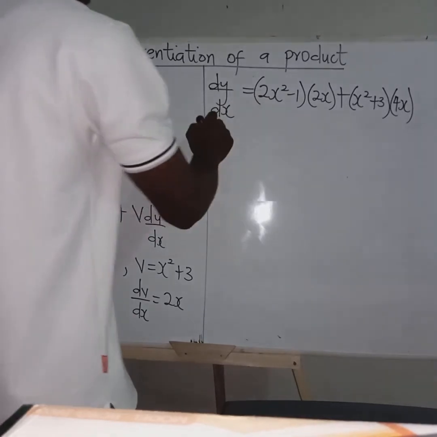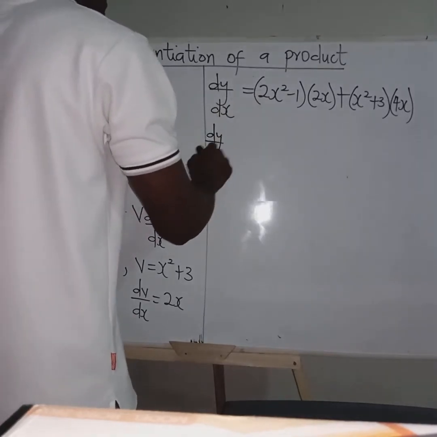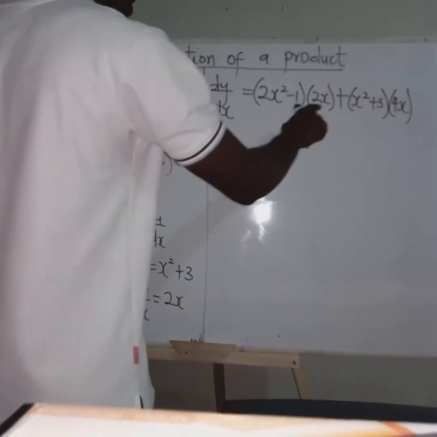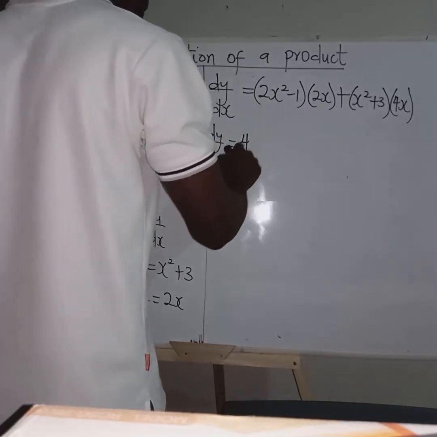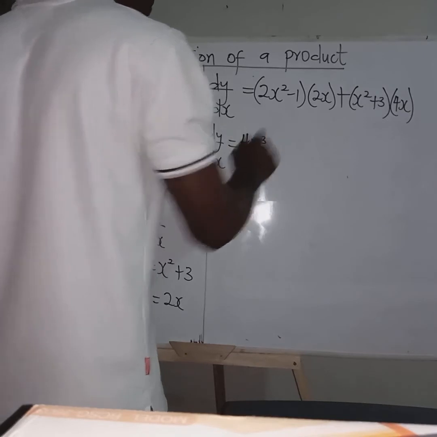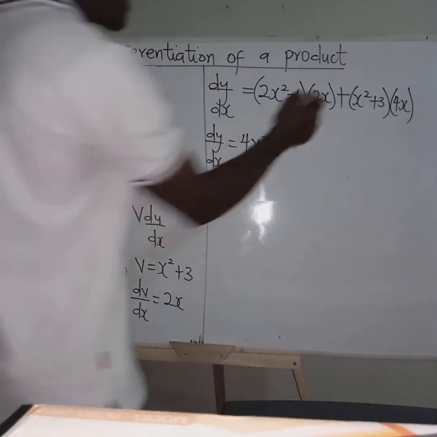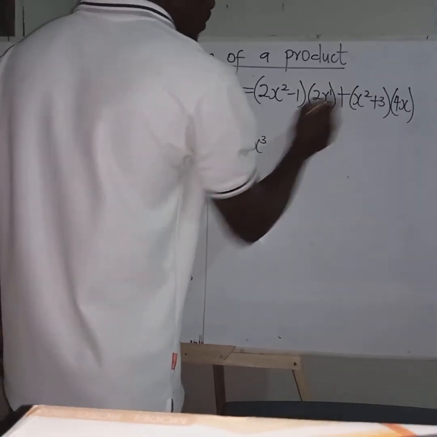So from here, I'll just expand. So dy over dx is equal to 2x times 2x squared, which is 4x cubed. In indices, when you're multiplying with the same base, you add the powers.